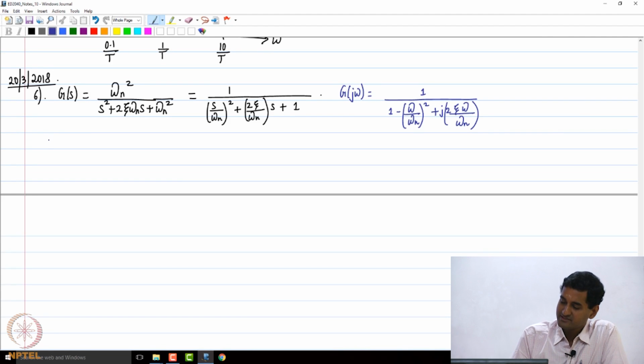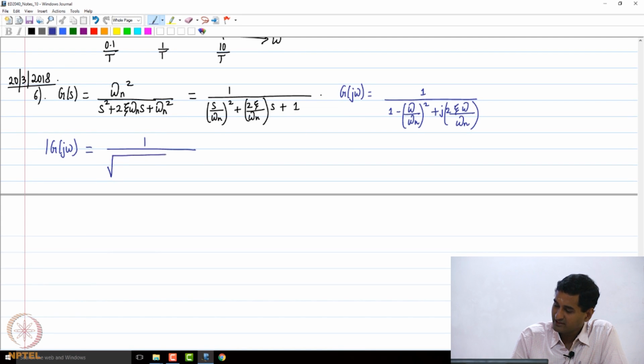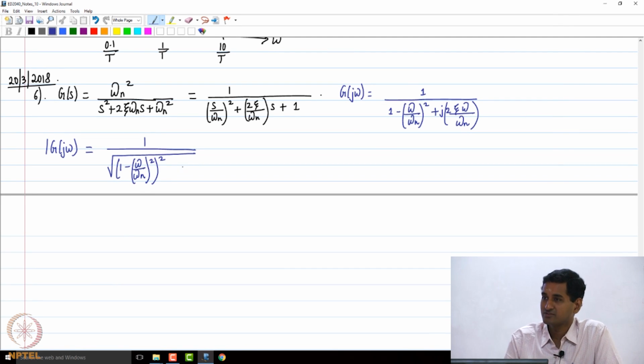That is what we will have as the sinusoidal transfer function. Once I have this, how can I write the magnitude of this particular factor? It is going to be 1 divided by the square root of the real part square, which is 1 minus omega by omega n whole square, squared, plus the imaginary part square, 2 zeta omega by omega n whole square.